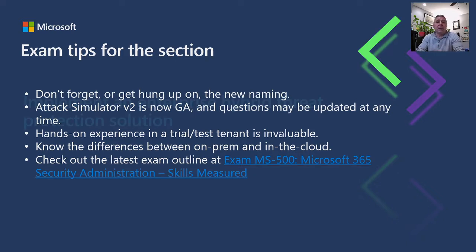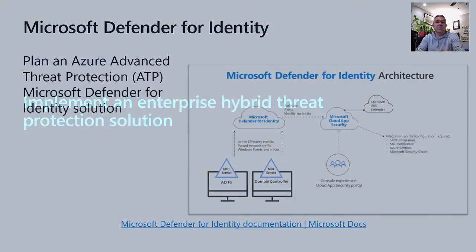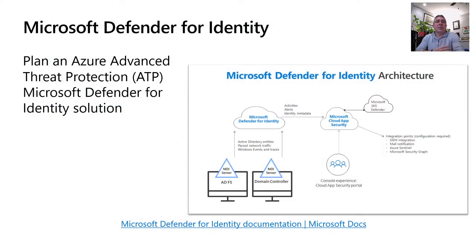So if we jump right into the content, the first section is about enterprise hybrid threat. And really, that's all about Microsoft Defender for Identity, the product that used to be called Azure Advanced Threat Protection. A couple of sections around this, including the planning, the implementing, the monitoring. Pay attention, spend some time in the planning.